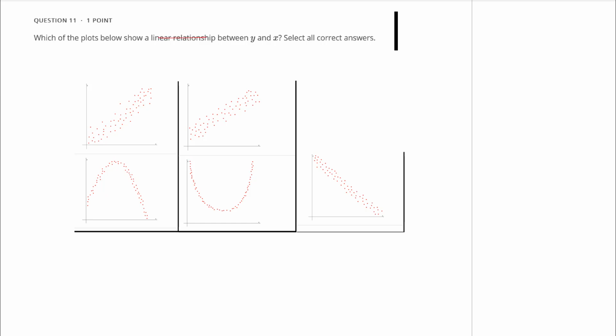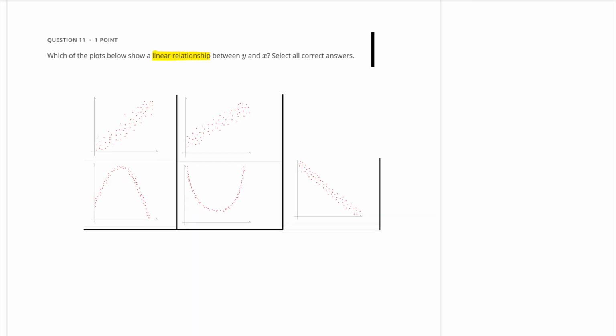So again, if we are looking for that definition of a linear relationship, visually, we want something to be sort of a straight line, and it can have either a positive or a negative slope, and maybe it can follow something closely to that y is equal to mx plus b. So we know that this graph over here looks kind of like a U, almost like a parabola. So this is not linear because it bends, okay?